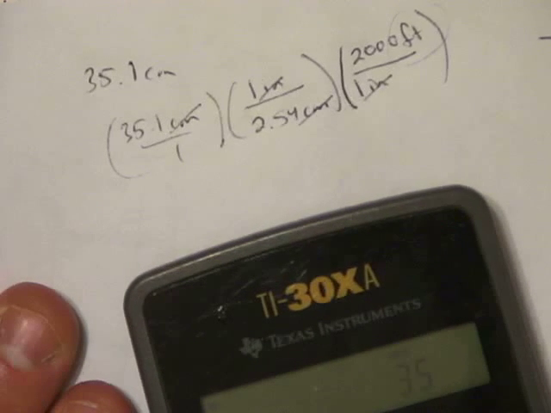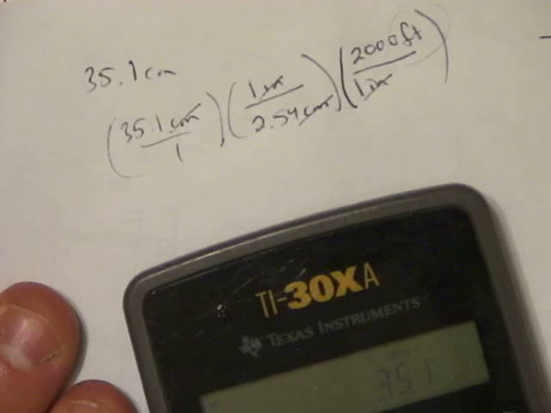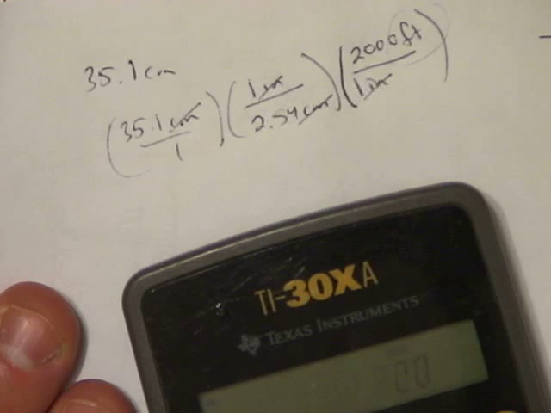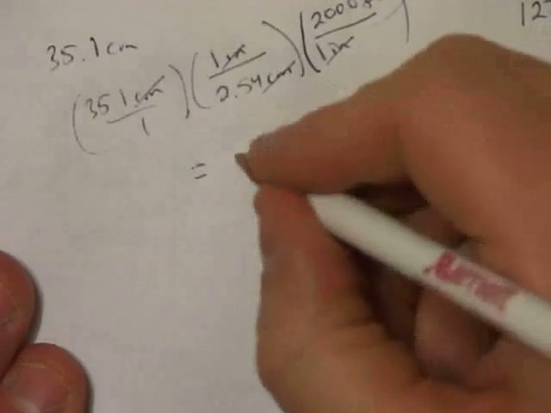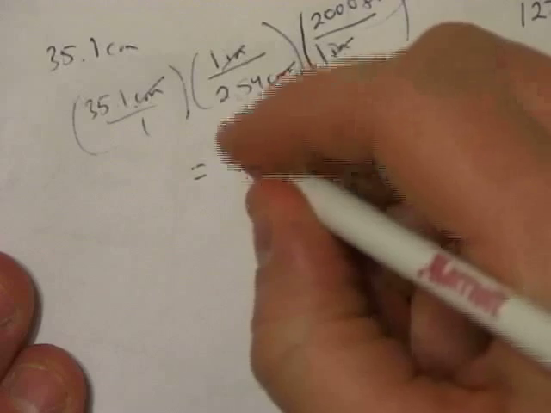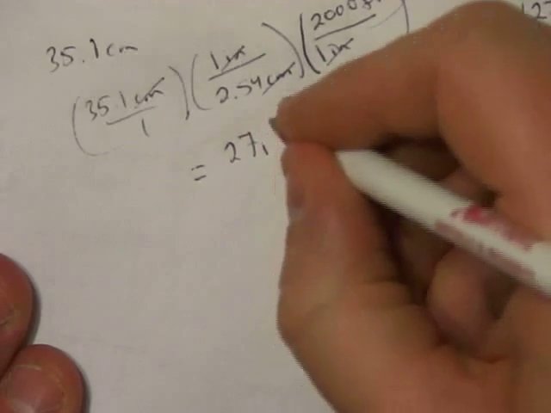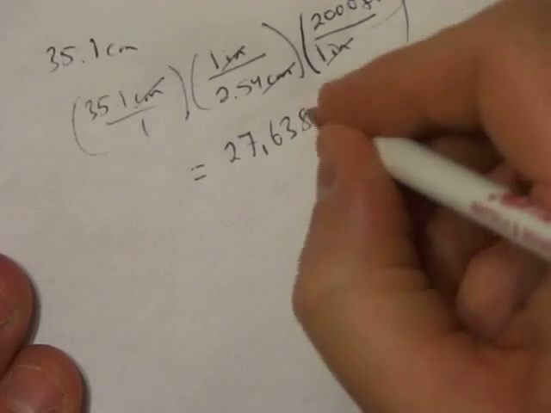So 35.1 divided by 2.54 is roughly 13.8 inches times 2,000 feet equals 27,638 feet.